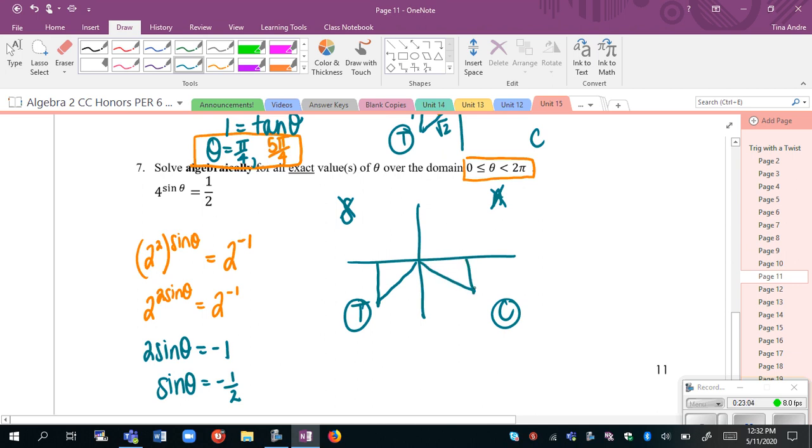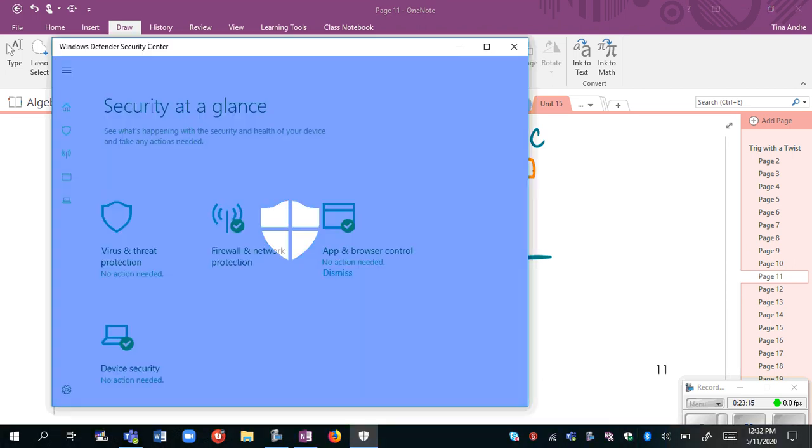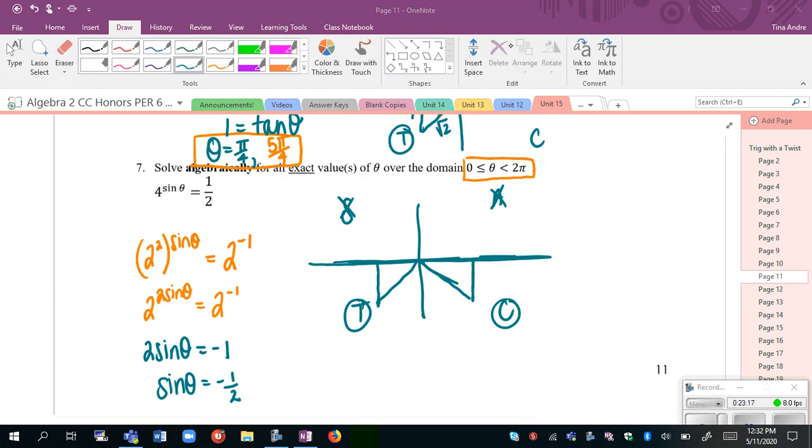We're looking at, in this picture, opposite over hypotenuse. Opposite is going to be our -1. Our hypotenuse will always be positive. Hypotenuse is 2. So this is going to be -√3, and this is going to be +√3.